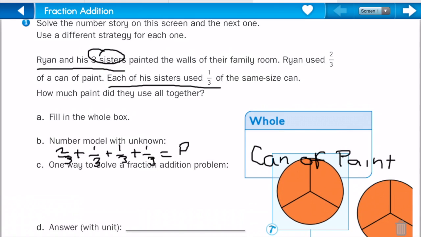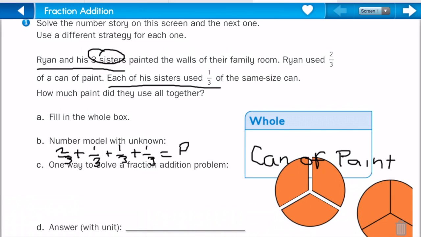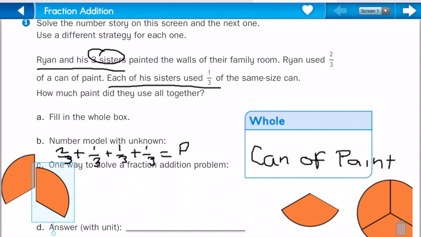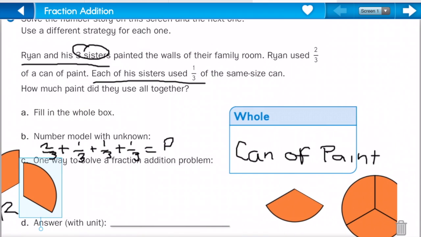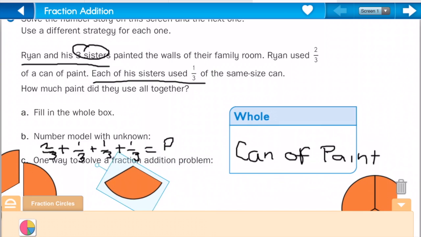Let's break these up. Here's Ryan's circle pieces, and I'll just put a little R right here for Ryan. And each of his sisters used 1/3. So let's go ahead. Here's one sister's piece.